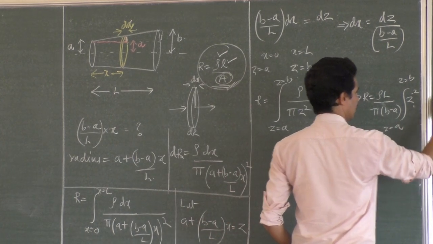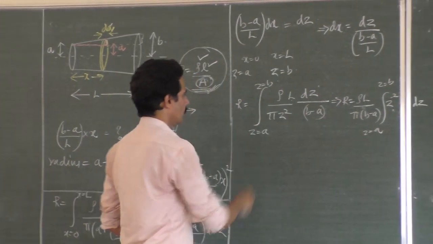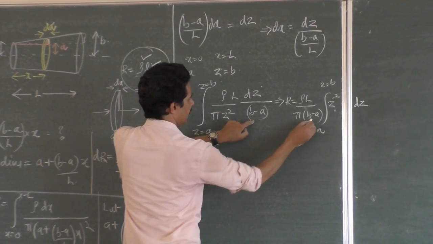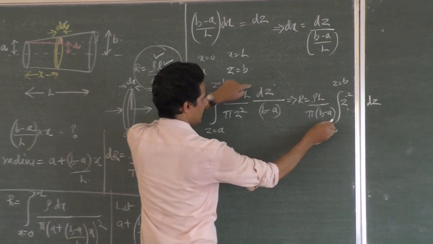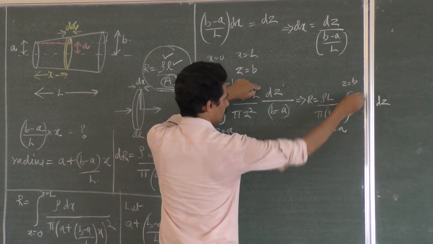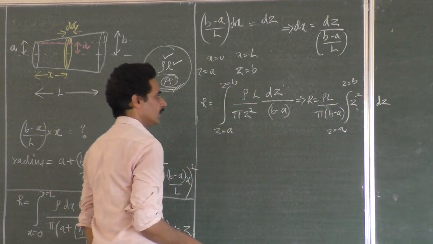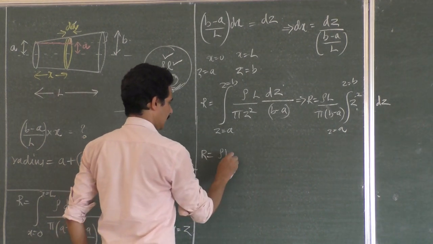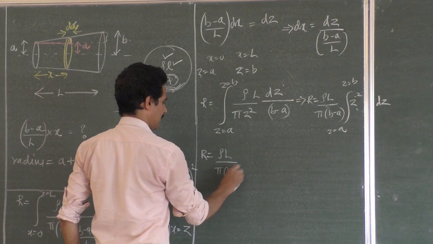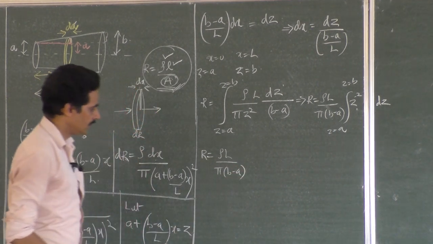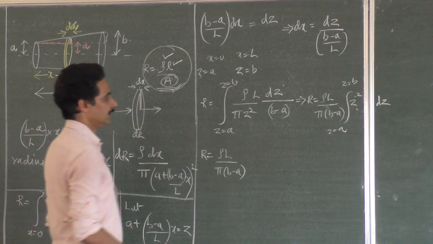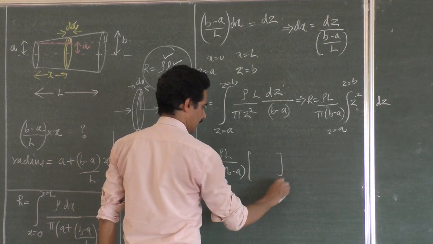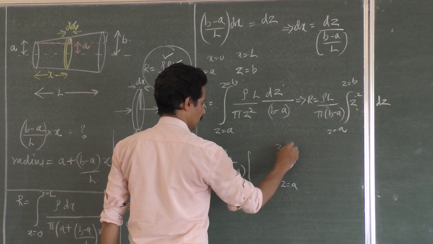Rho here, L here, pi and b minus a. Z square I will take to the numerator, z to the power minus 2 dz. And you know the integration. Now only the mathematical part. R is equal to rho L by pi into b minus a. Am I right? Then after integration, z is equal to a, z is equal to b.